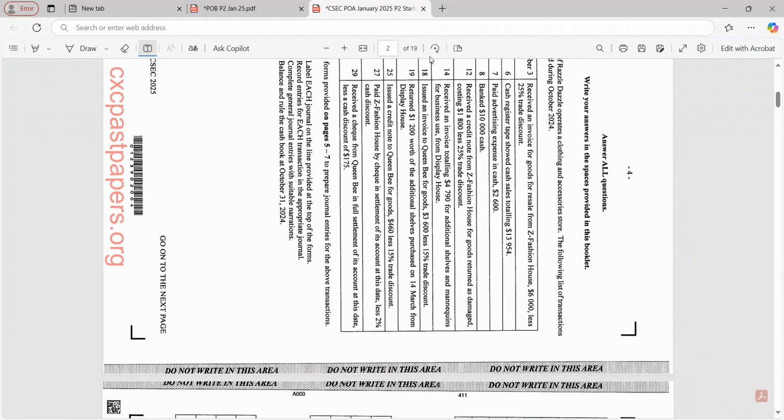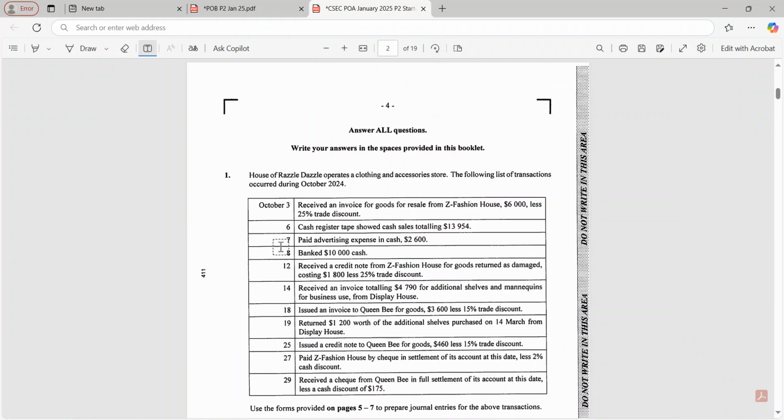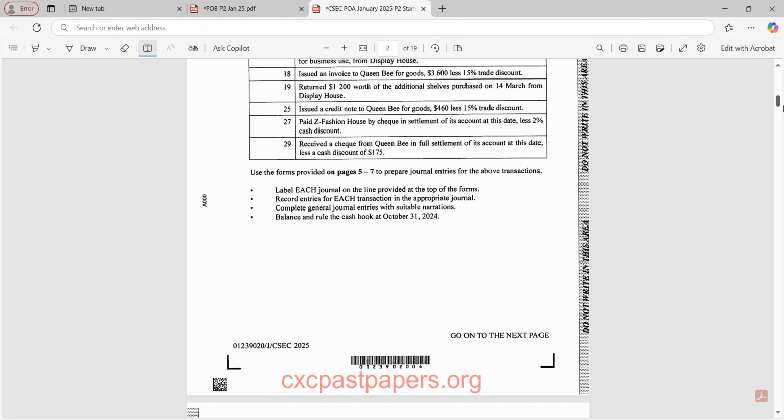We go back up. We're at the 3rd transaction, which says that on the 7th of October we paid advertising expense in cash, 2,600. Again, this is going to affect our cash book, but this time we're making a payment and it is 2,600. So it goes on our credit side.